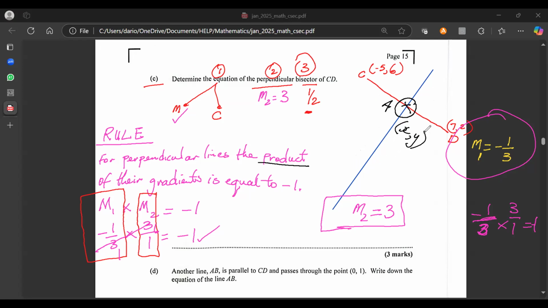Oh yeah, sorry, 1 and 4. Beautiful. 1, 4. Because that was the first question they asked, the coordinate of the bisector.